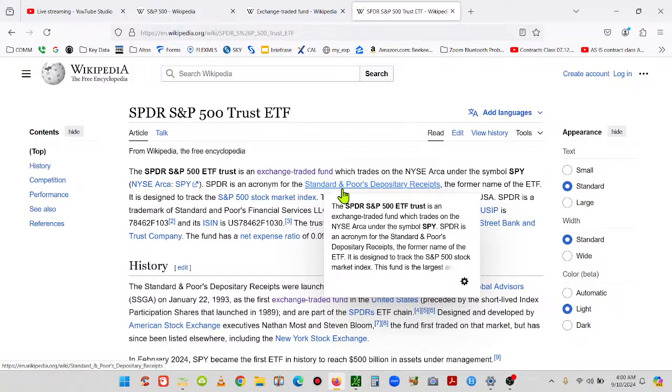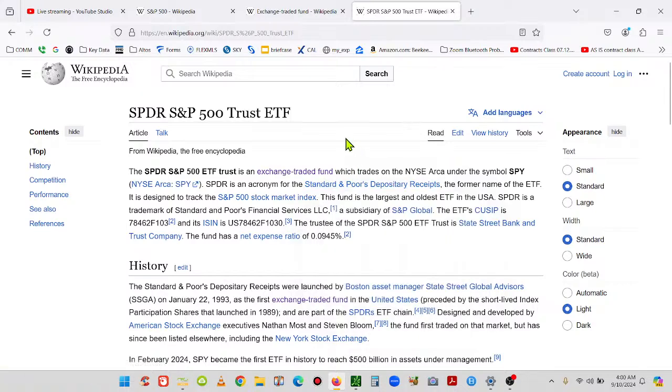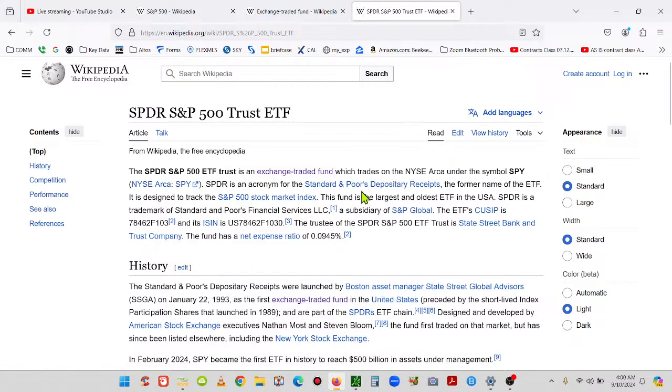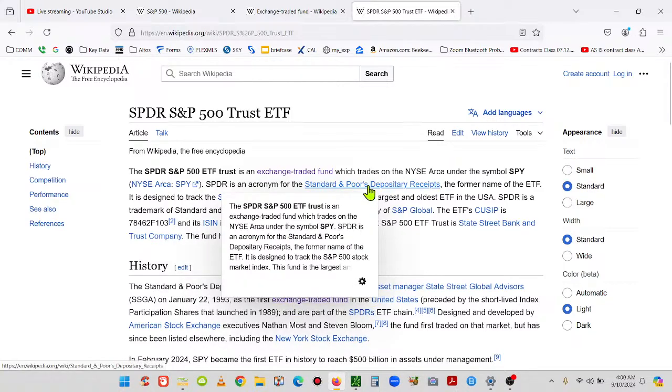It is designed to track the S&P 500 stock market. So there we go. That's the answer we're looking for of why the SPY. Because it is what? Down at the bottom of that drop down, it's designed to track the S&P 500.